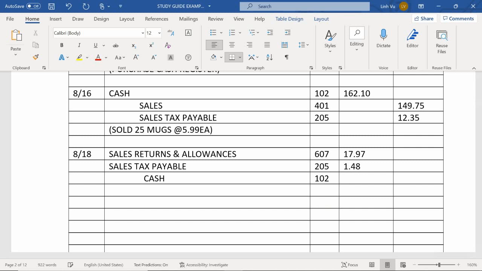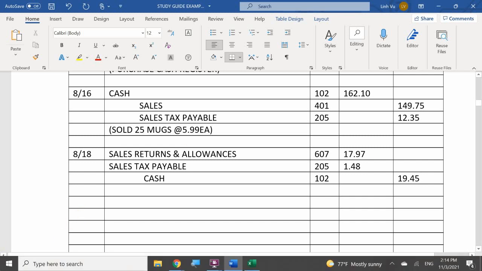So the total is 1.48 plus 17.97, 19.45, cash. So we have the return of 3 mugs for a full refund in cash.